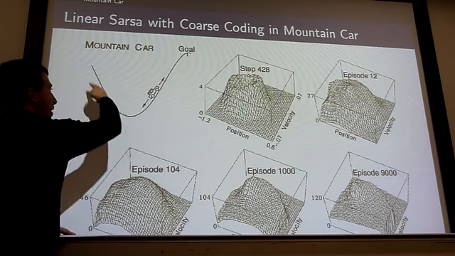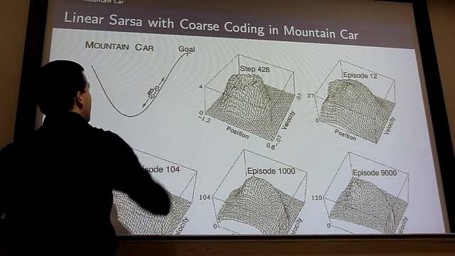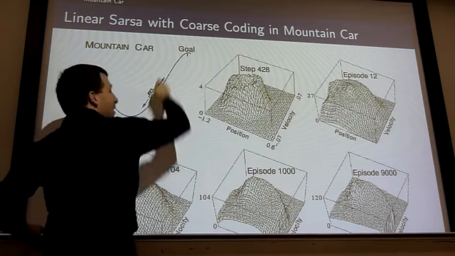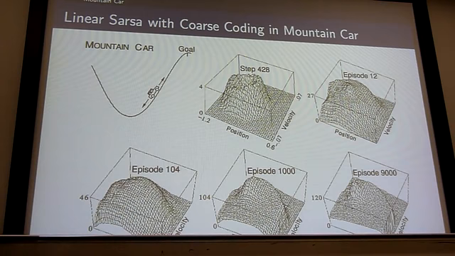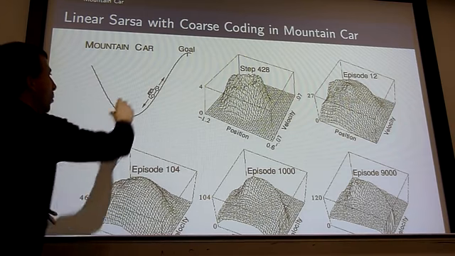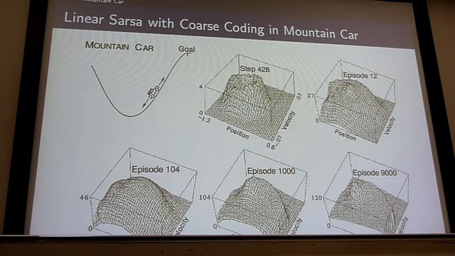So it has to rock itself backwards and forwards to build up enough speed to get out of this steep basin. So it maybe starts off, has to do this, and eventually shoots itself out. The actions are basically that it can apply a small thrust either forwards or backwards at each time step. So it's a discrete action space. It just gets to move forwards or backwards.